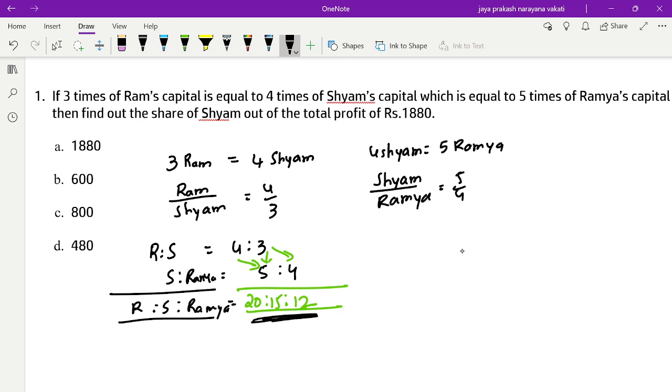What is the total profit? It is given as 1,880. Whose share do I need to calculate? Sham's share.